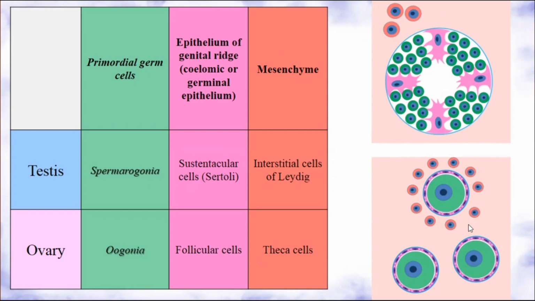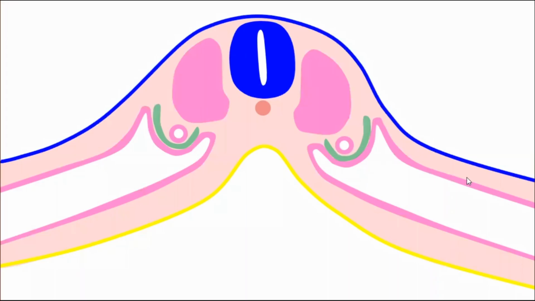So here we can see sources of development, and we can see that testes and ovaries have common sources of development, and they also have differences in differentiation. In testes, there are genital testicular cords, and in ovaries there are clusters of cells which result in the formation of convoluted seminiferous tubules in testes and follicles in the ovaries.